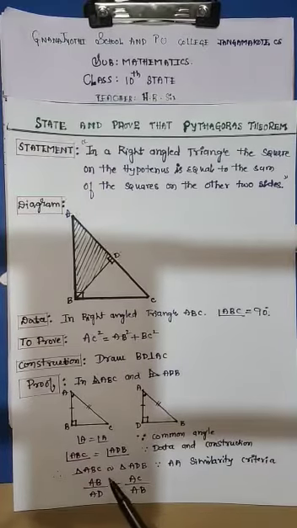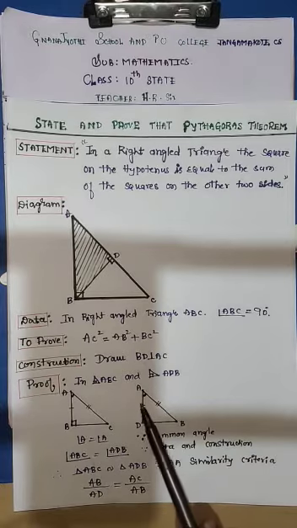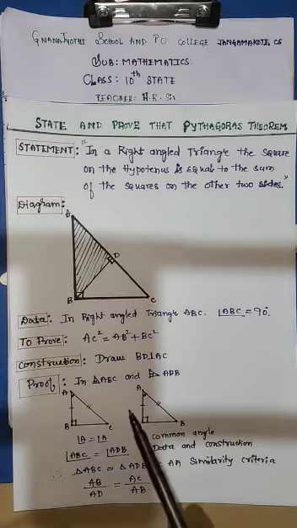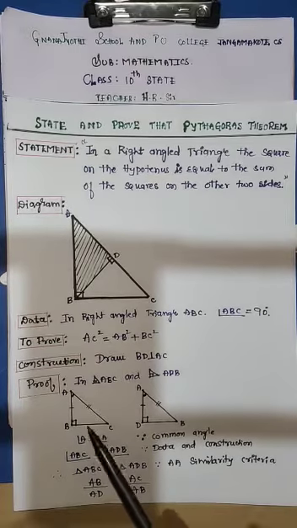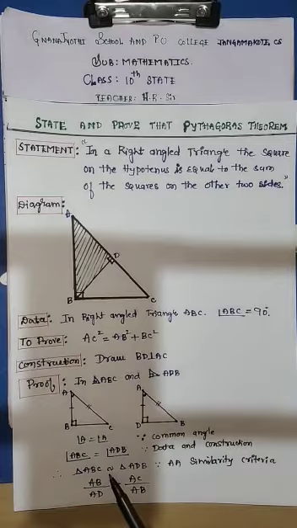So the two triangles are congruent. This is the symbol for congruent. Congruent triangles means any two sides and one angle of one triangle are equal to the corresponding angle and corresponding two sides of the other triangle, then they are called congruent triangles.